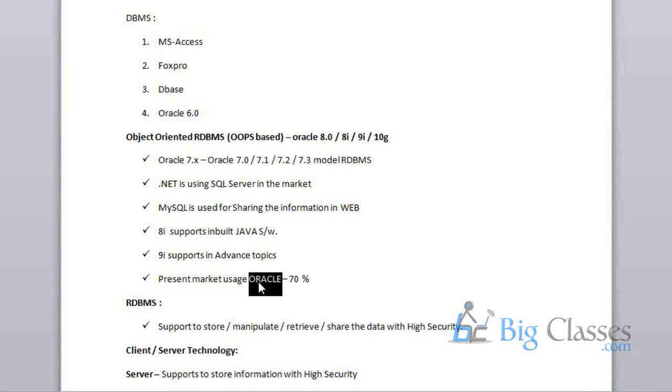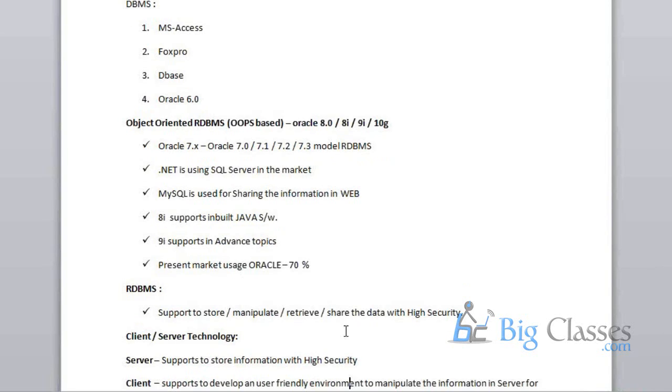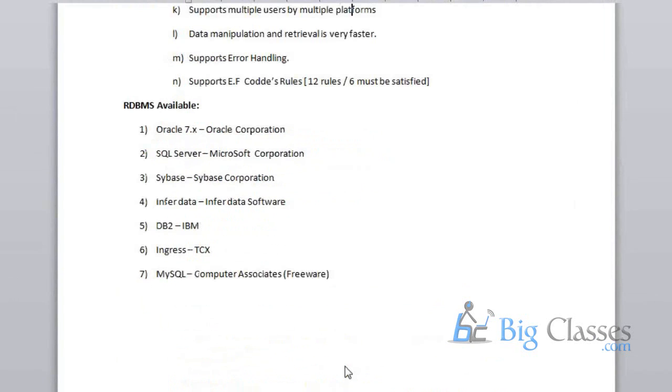Oracle stands top among them. So RDBMS, Relational Database Management System, supports storing, manipulating, retrieving, and sharing data with high security. Background which you should have to learn the Oracle course.